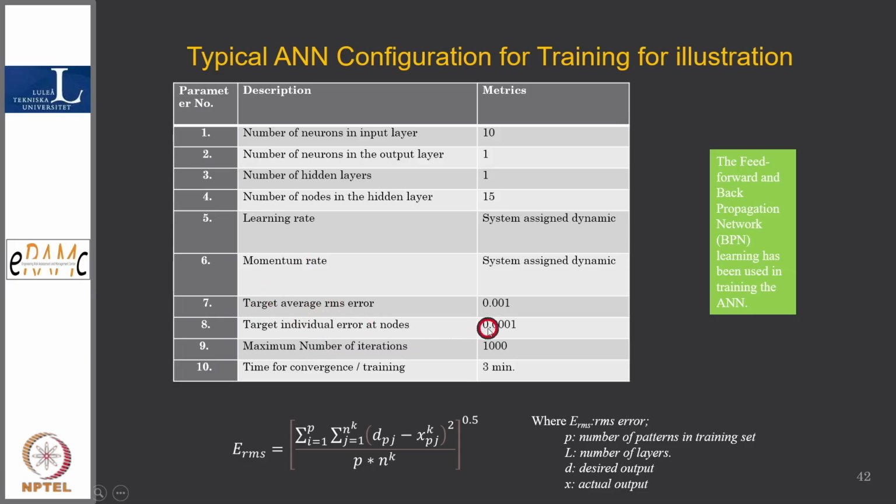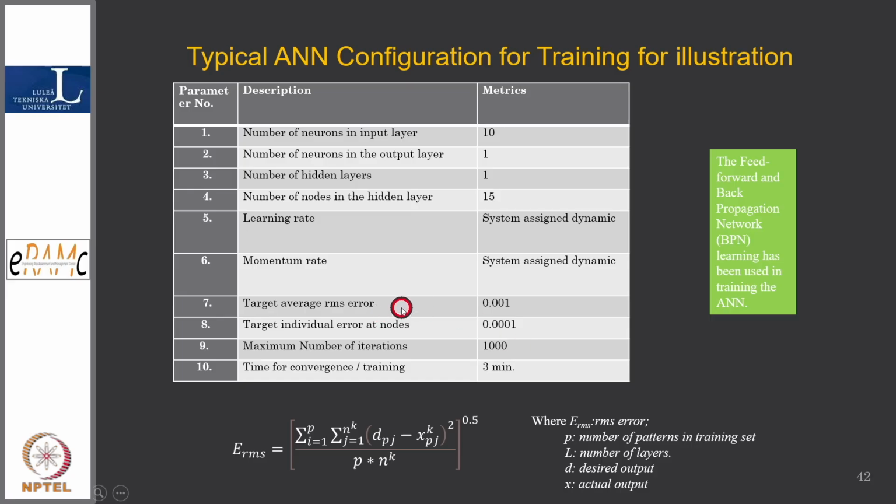Target average error: this was our target average error, and at each node it was 0.0. The RMS error is calculated in each iteration, and until these criteria are achieved, the training will not be complete.